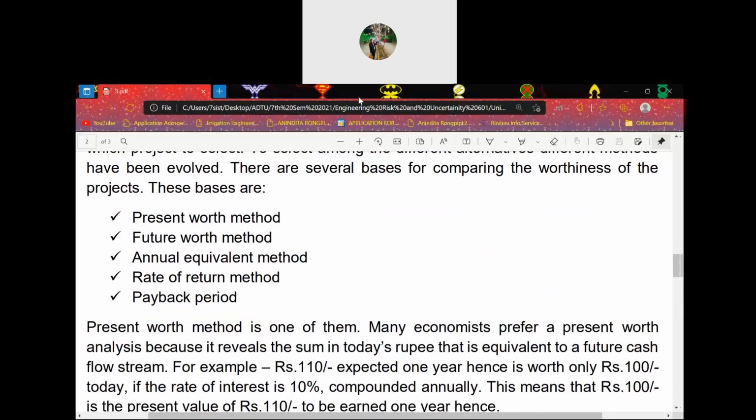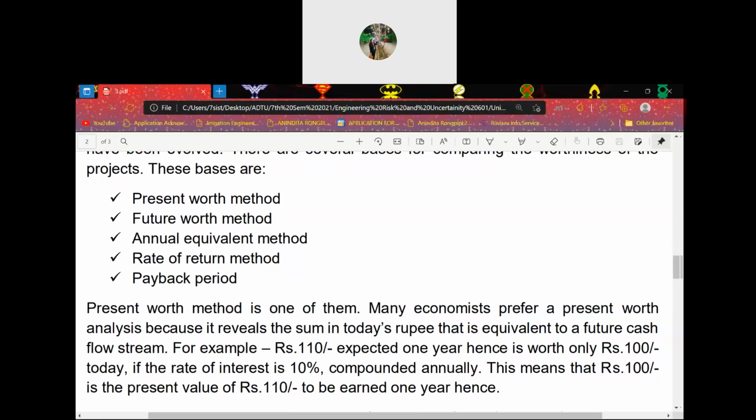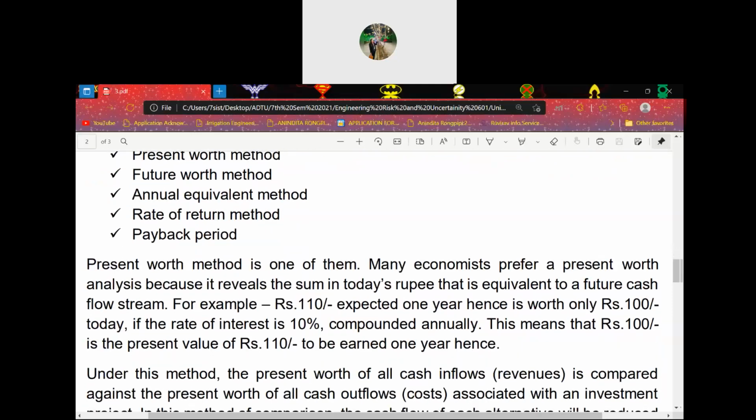Many economists prefer a present worth analysis only because it reveals the total in today's rupees which is equivalent to a future cash flow stream. For example, rupees 110 expected in 1 year is worth only rupees 100 today. So if the rate of interest is 10% and it is compounded annually, this means rupees 100 is the present value of rupees 110 which is to be earned in a 1 year period.